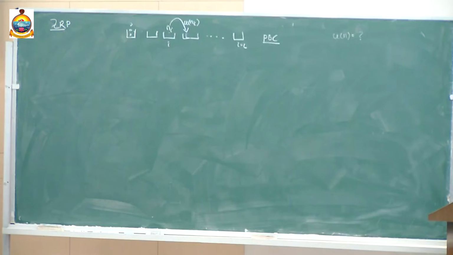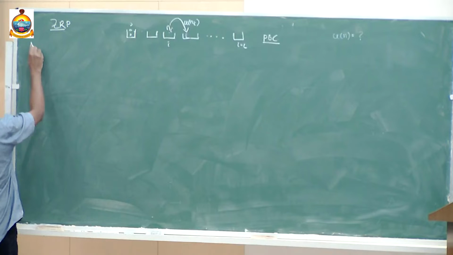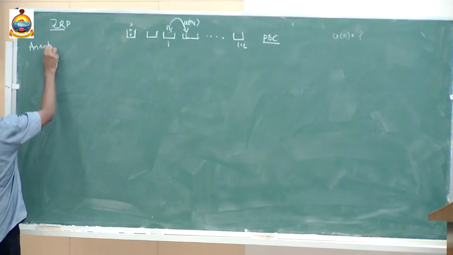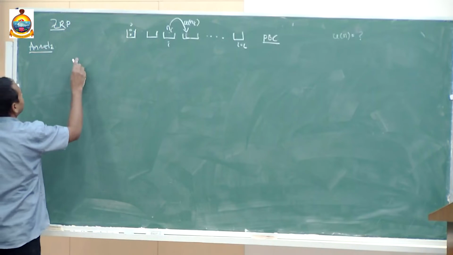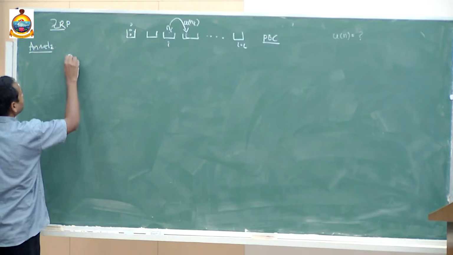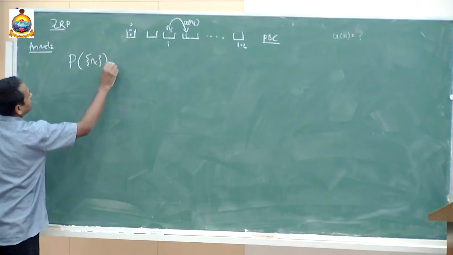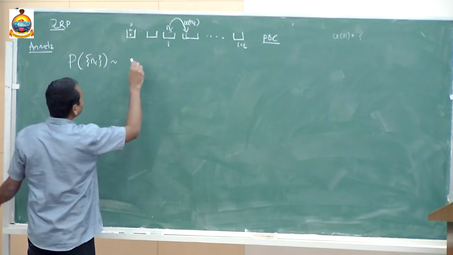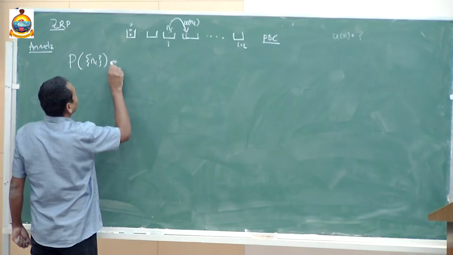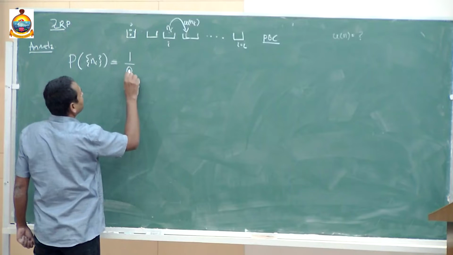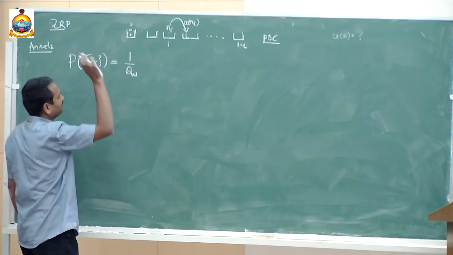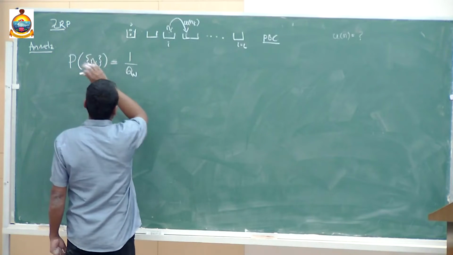After this, we just make an ansatz that the probability of a configuration Ni goes as 1 divided by Q_n. L I drop because L is the same everywhere; I'm not changing L anyway.